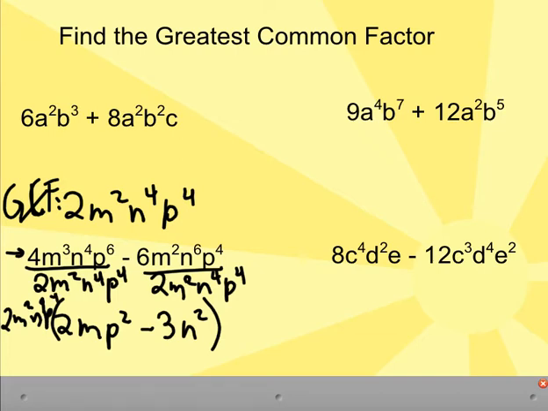So I'll try another one here. 8c to the fourth d squared e minus 12c cubed d to the fourth e squared. The greatest one that can come out is 4c cubed d squared e. So I divide each of these by that, 4c cubed d squared e.